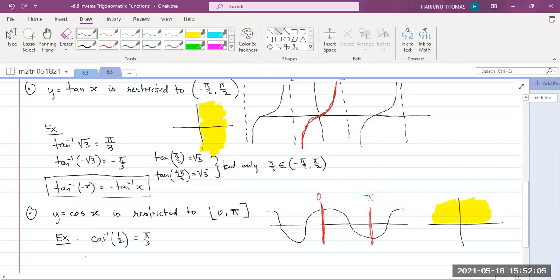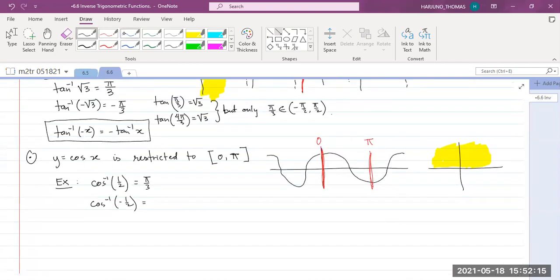Okay, now the thing is, what happens if we have a negative inside, cosine inverse of negative 1/2? Now let's do it the traditional way first. Cosine of what gives us negative 1/2? Cosine is negative in quadrant 2 and quadrant 3.